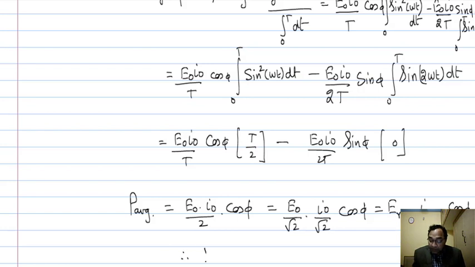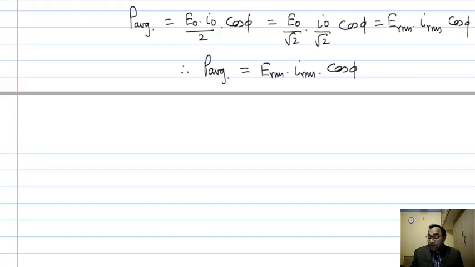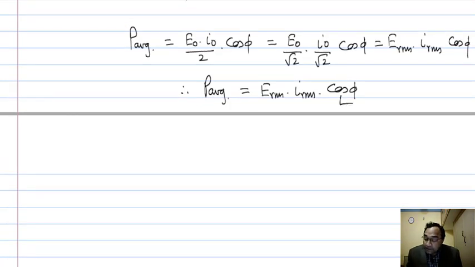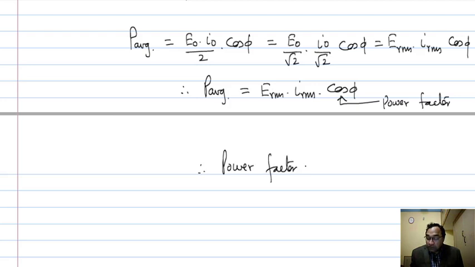So therefore average power of an RL circuit is E RMS, I RMS into cos phi. This term cos phi is known as power factor. So therefore power factor we get as cos phi. Remember, phi is not the power factor; cos phi is.